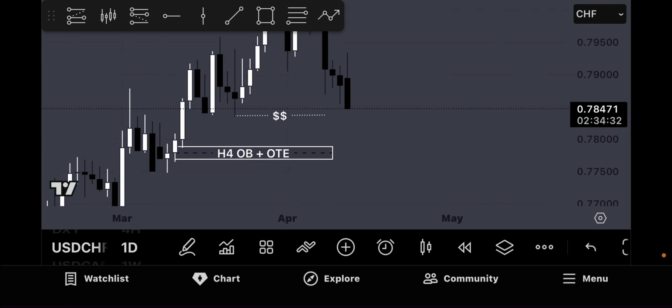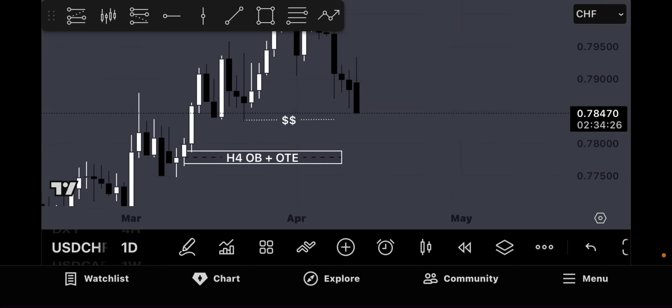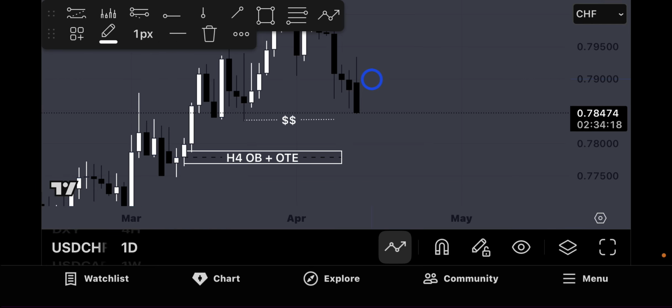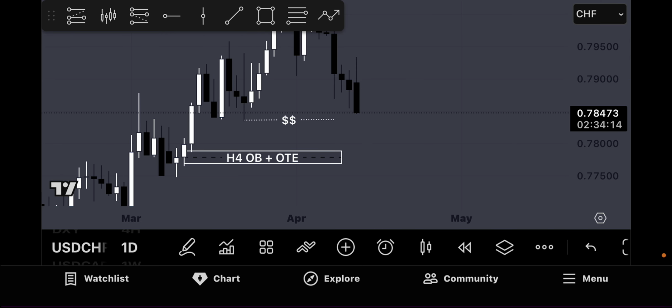So DXY and USDCHF have to move in the same direction. So if USDCHF starts to push up once it gets here, we know that our direction for DXY, our buy, was just an early setup, and the direction of our buy is correct.